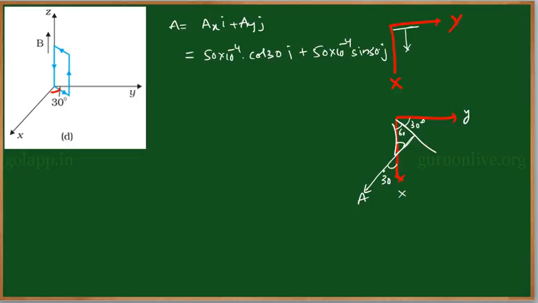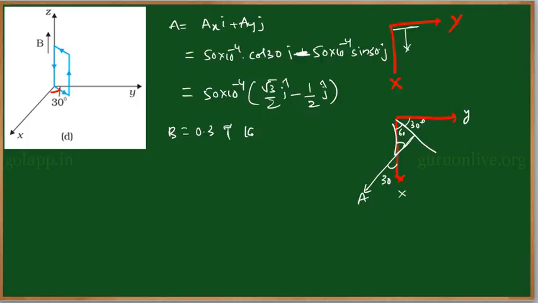But here the other component of A is in the negative y-axis direction, so I can write minus here. That is equal to 50 into 10 to the power of minus 4, taking it as common, into cos 30 is root 3 by 2 i cap minus sin 30 is 1 by 2 j cap. So this is the area vector, and B is equal to 0.3 Tesla k cap.